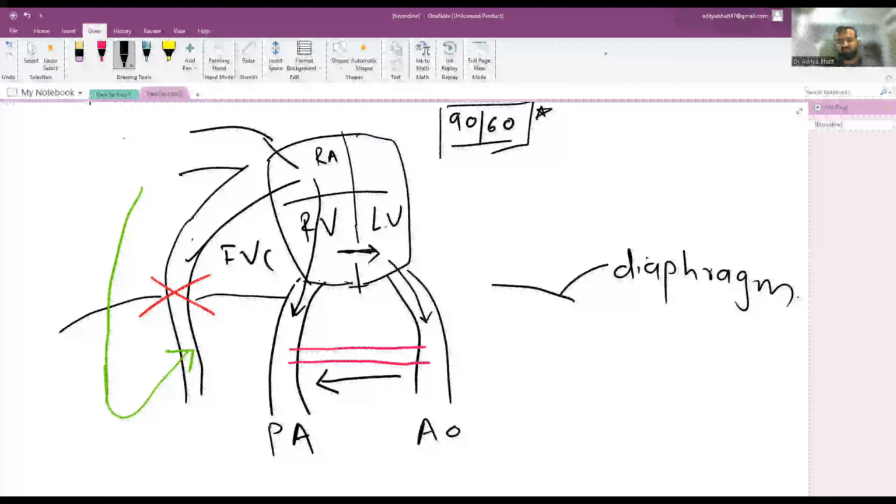But if the ductus is kept open, there will be shunting from left to right side, and this ductus will lead to pulmonary congestion because the blood is going from left side to right side. And already on the right side, all the blood is more. There is pulmonary hyperemia already present in patients with TAPVC.